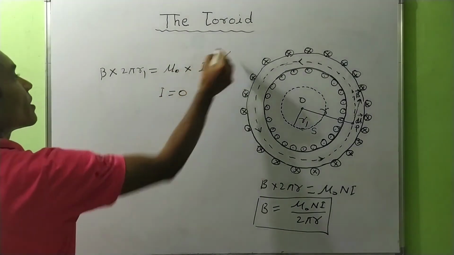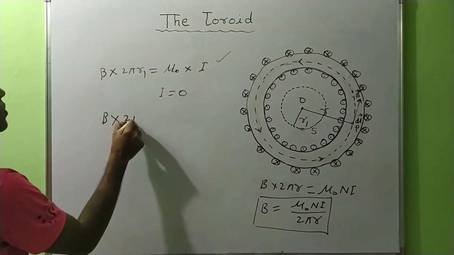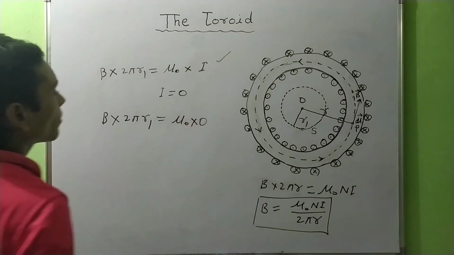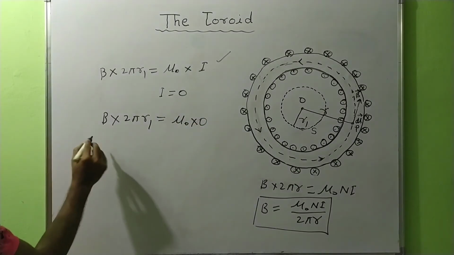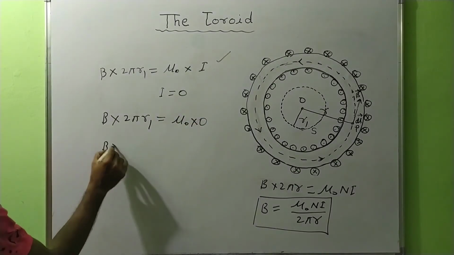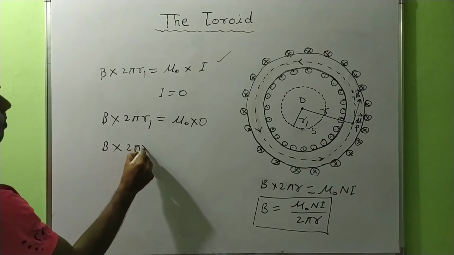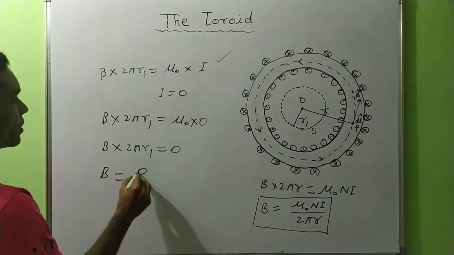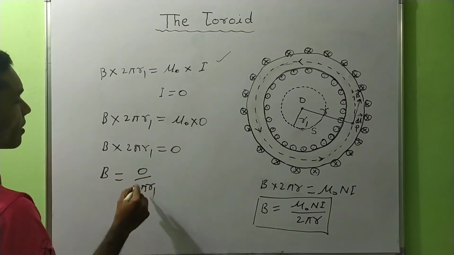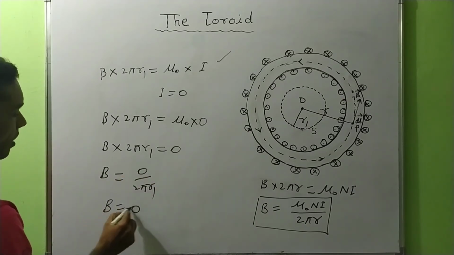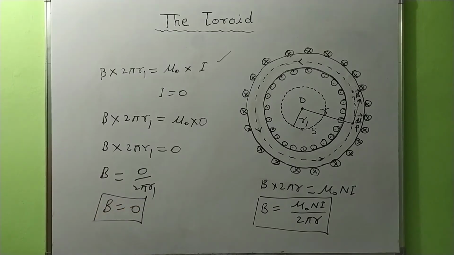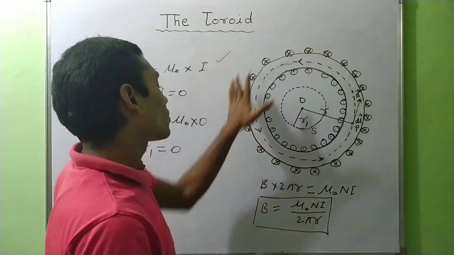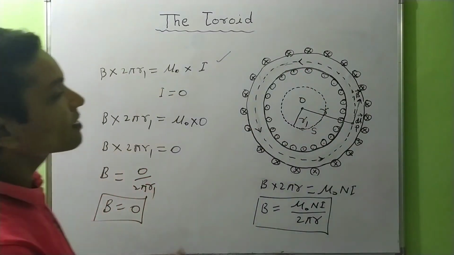So by this equation, B into 2 pi R1 will be equal to mu naught into 0, or B into 2 pi R1 equals 0, or B equals 0 upon 2 pi R1, or B will be equal to 0. So in the interior space of this toroid, the magnetic field is 0.